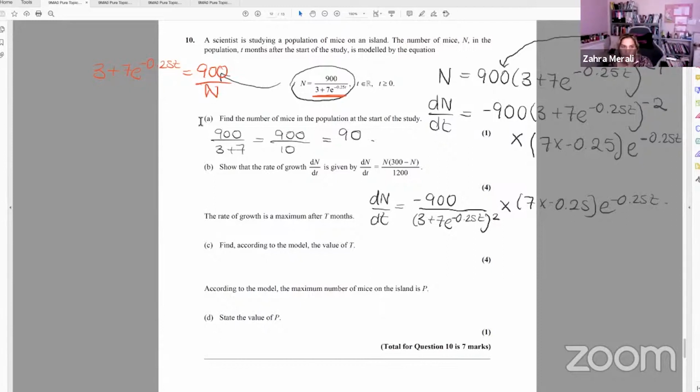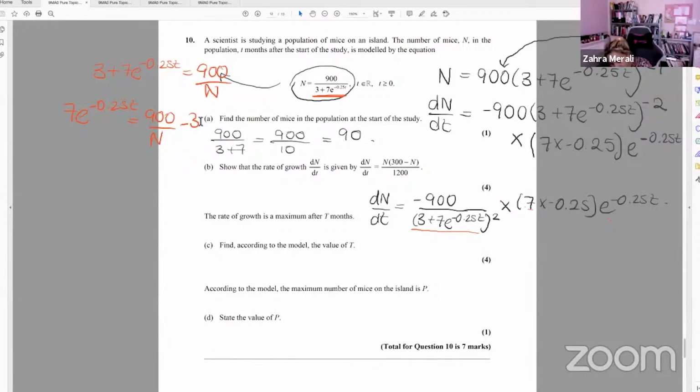So we've got that, and that's what we can substitute in over here. But we look at our answers and we also see we don't have any e^(−0.25t) on its own, but we can get it: 7e^(−0.25t) is the same as 900 over N minus 3. So now I can just substitute it all in.